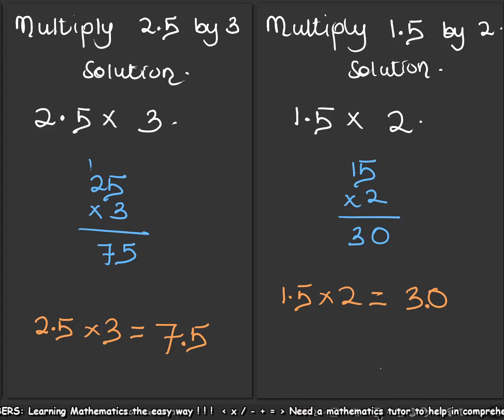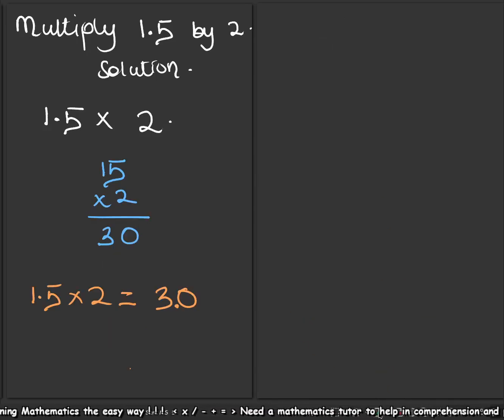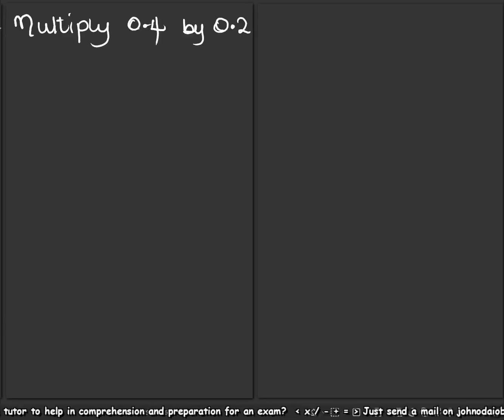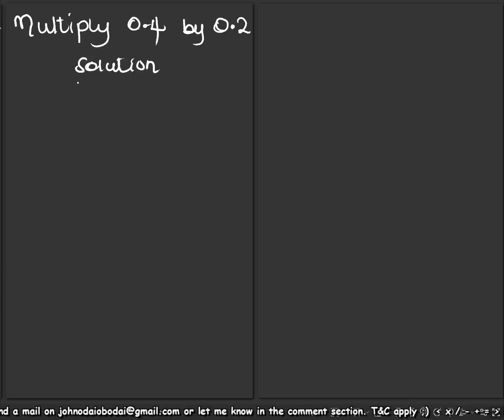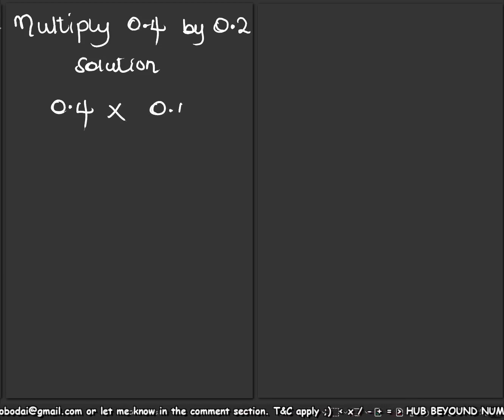Basically, this is how we multiply decimals by whole numbers. Let's look at how we are going to multiply decimals by decimals. For our first question, we have 0.4 multiplied by 0.2.